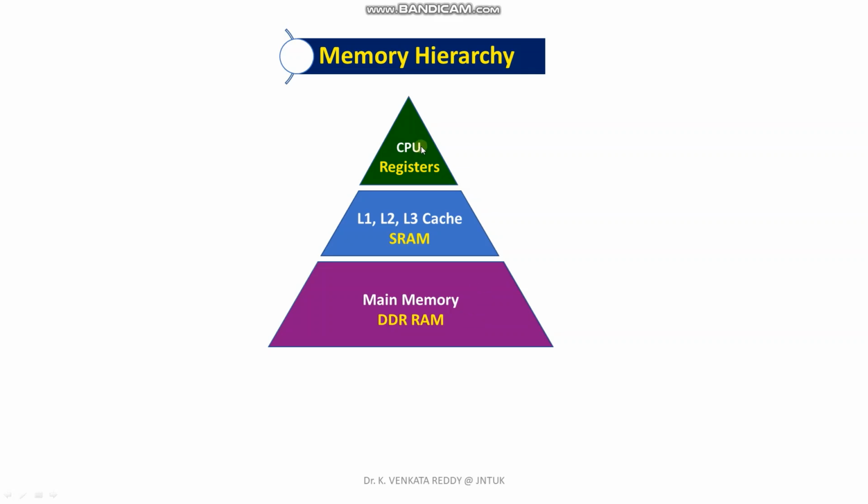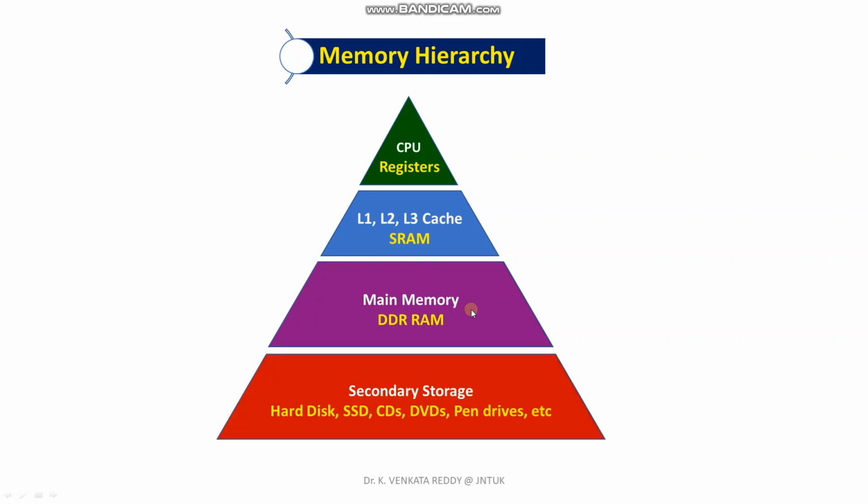In computer operation, the CPU always sends information to the main memory or receives information from the main memory. All the instructions that are to be executed by the central processing unit must be available in the main memory. To provide huge storage space for programs, audio files, video files, games, etc., secondary storage devices are provided.